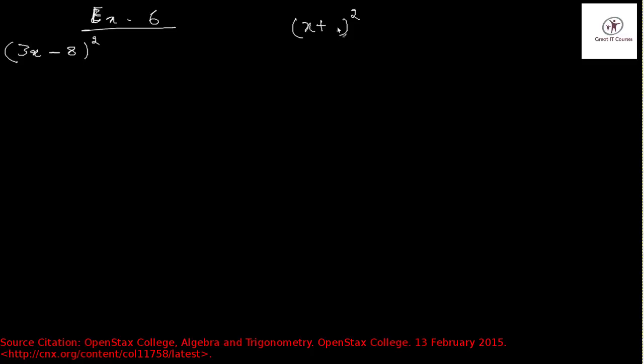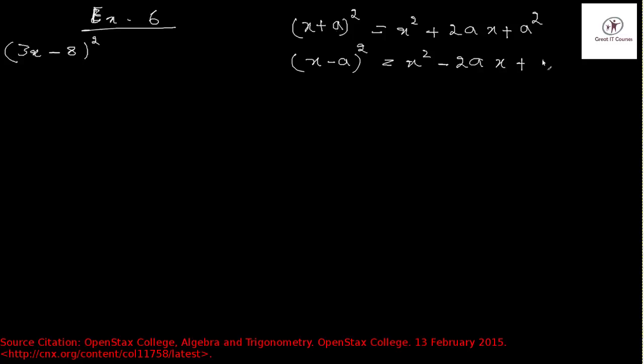So let's write that x plus a whole squared is equal to x squared plus 2ax plus a squared. But the problem is that here now you have a negative sign between the two terms, and in this case you would have something like this: x minus a whole squared is equal to x squared minus 2ax plus a squared.